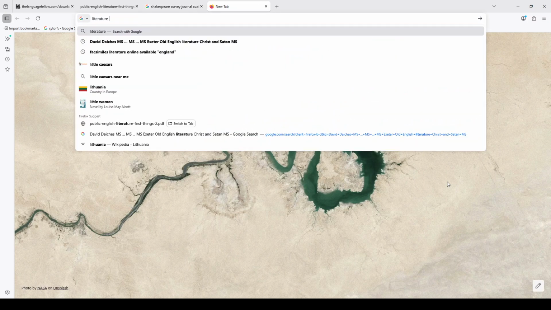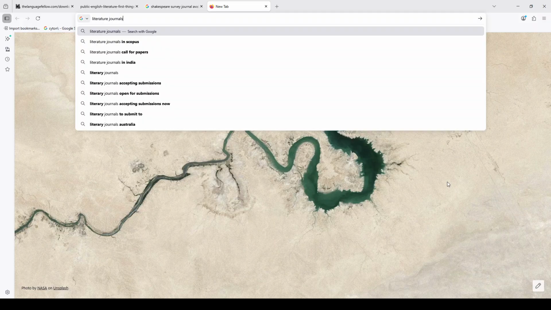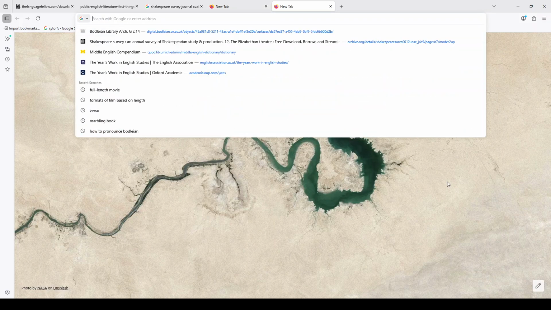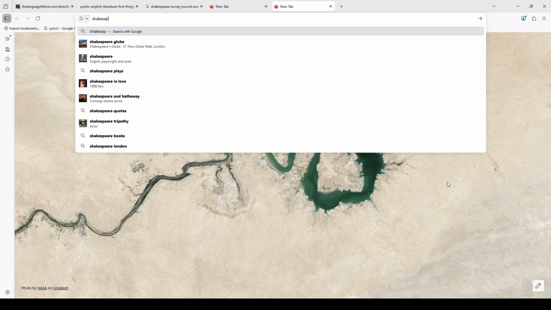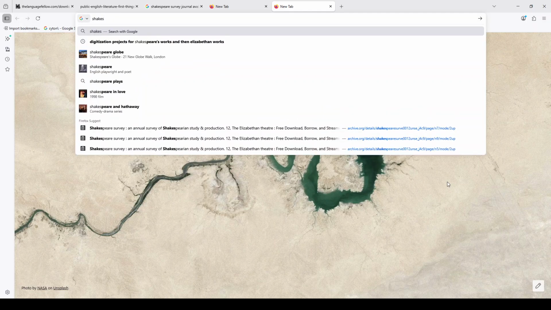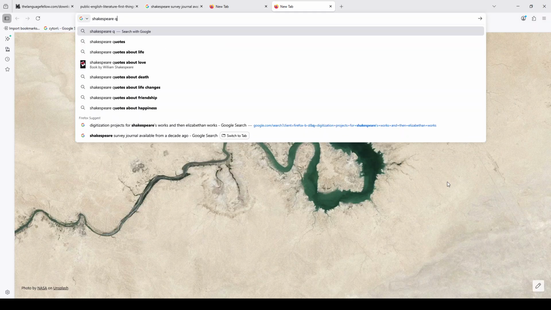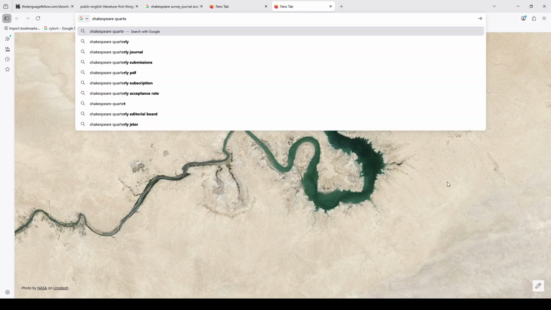So, literature journals. I have known about Shakespeare Quarterly since 2000 and so on. I'm talking about a span of 10 years. Shakespeare Quarterly.